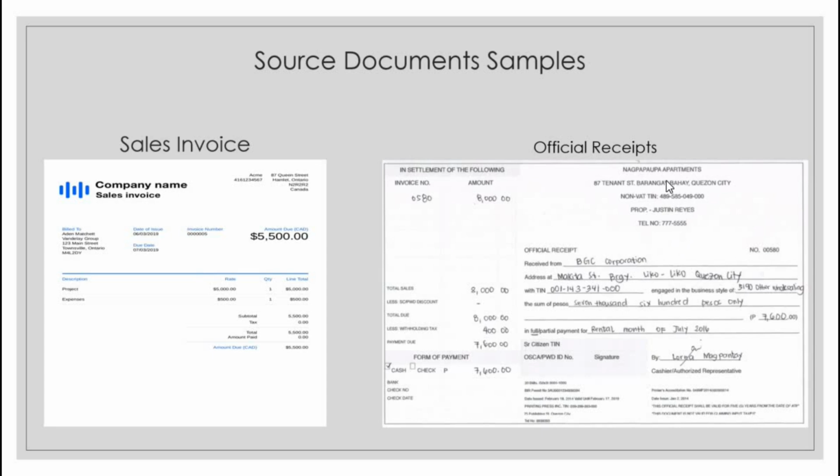So, ito, ibig sabihin si Nagpapaupa Apartments ay nakatanggap ng 7,600 from BGC Corporation. So, ito si Nagpapaupa Apartments will be recording cash receipts. Whereas, if you are accounting in the point of view of BGC Corporation, then you have to recognize cash disbursements.